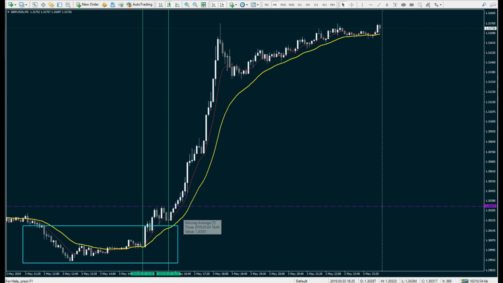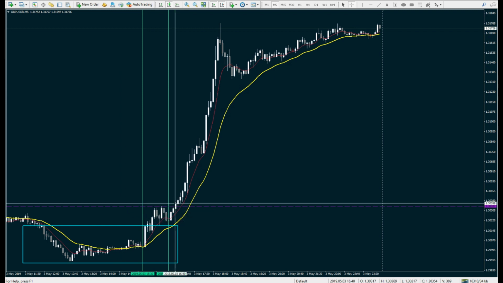So we will get our chance to get inside this candle with a call, or you can say a buy trade. When we buy, in this area we can put our stop loss at least at this point, something like that.